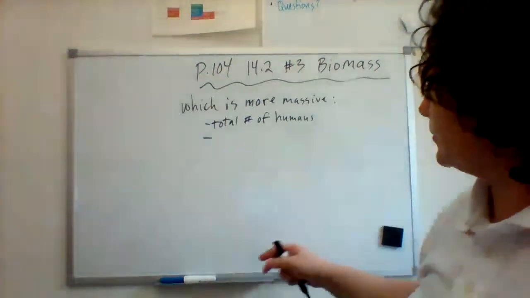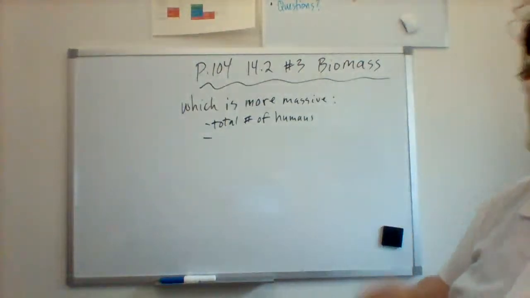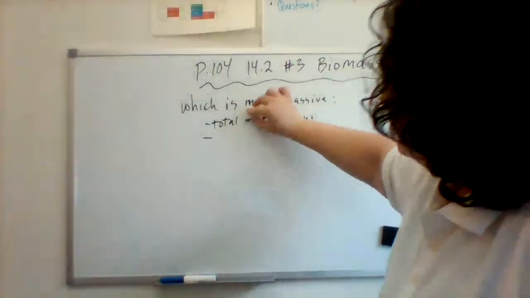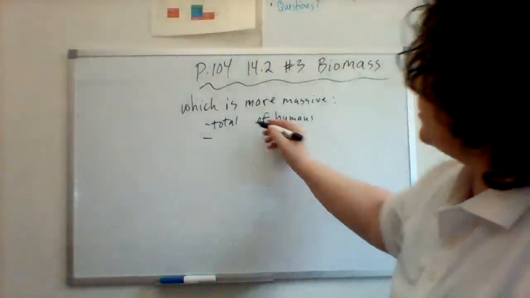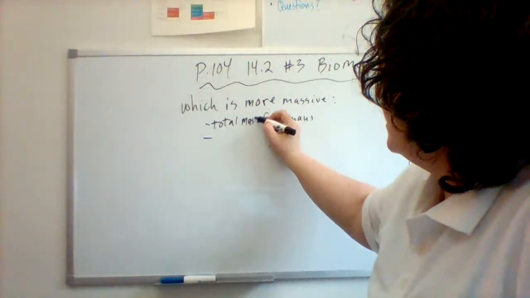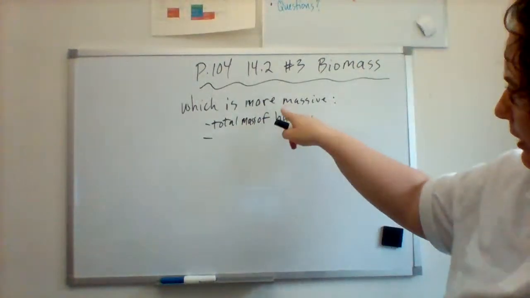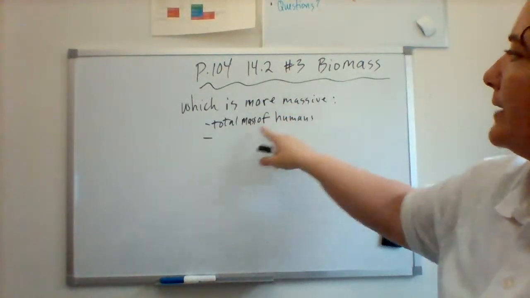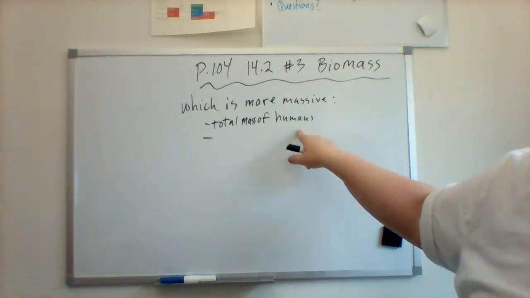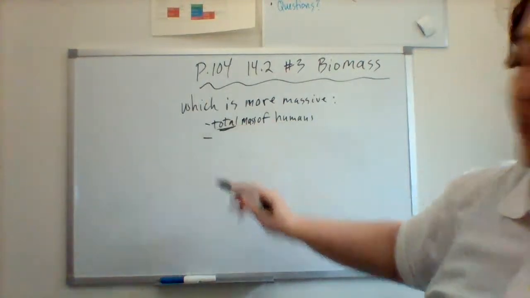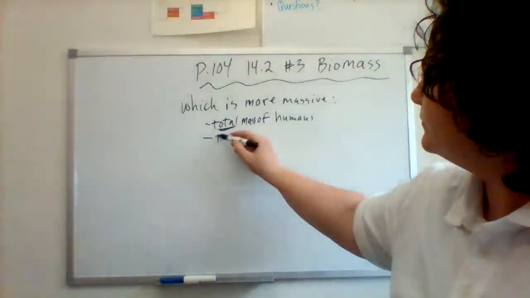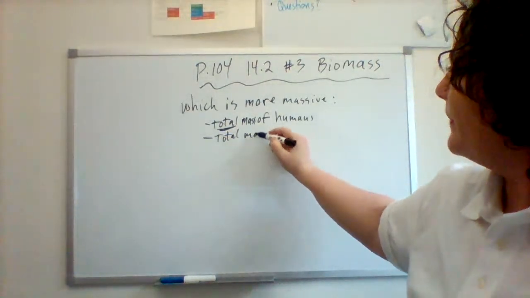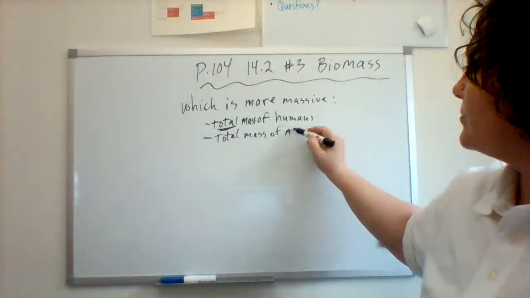Well, I shouldn't say number because I don't want you guys to get confused. They used the word mass, and with these tables, I know they have both the number of humans and mass. So they want to know in number 3 which one is more massive, the mass of all the humans because it's total, or the total of all the ants. Total mass of ants.